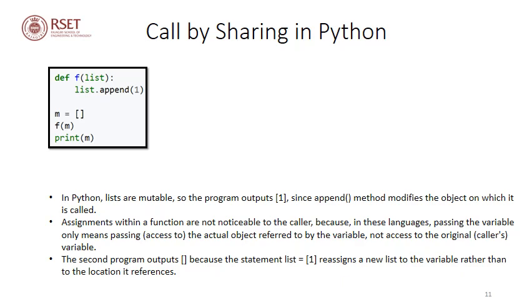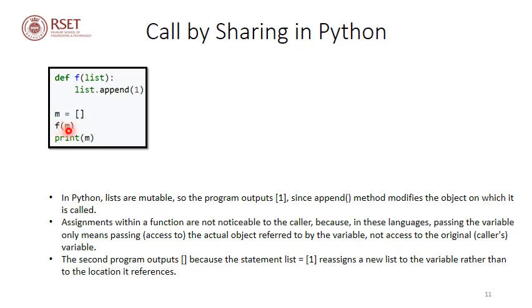So let's see some examples for these. Here in this code snippet, you can see that there's a function f which takes a list as input. In Python, lists are mutable, and within the body of the function we are doing a simple operation. We are appending the value 1 to this list. Then in the main program we have an empty list, and we are passing this empty list to the function f.